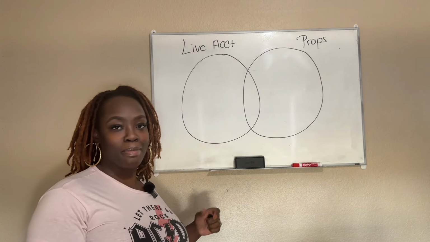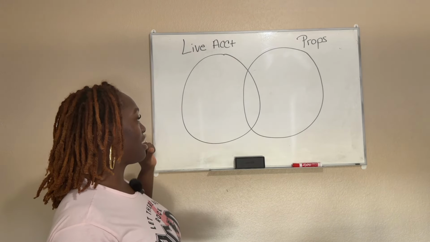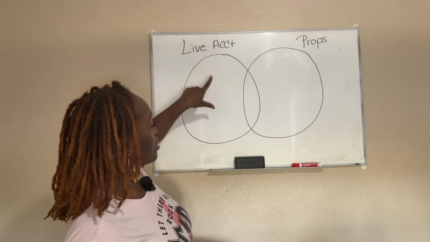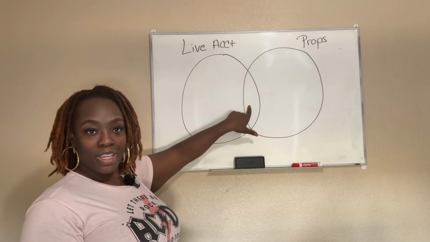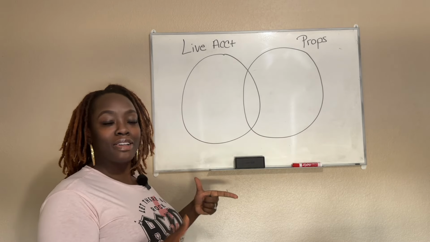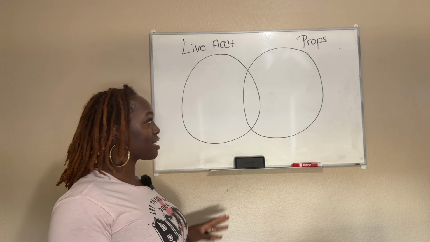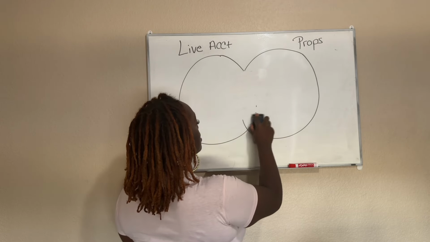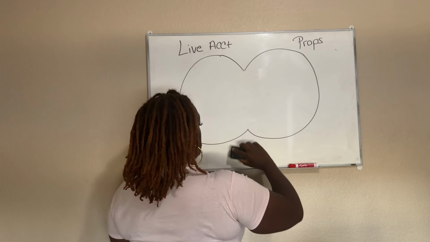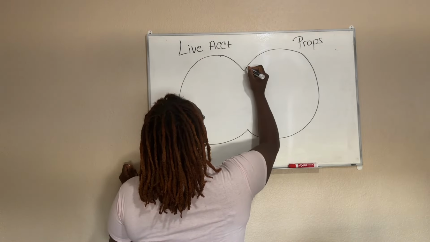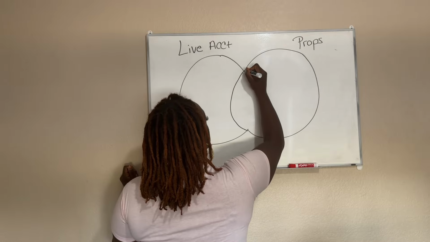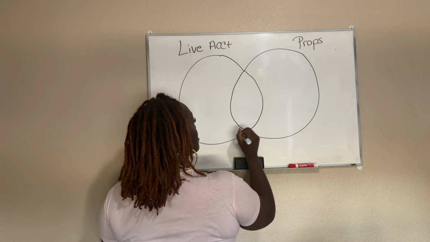I don't know if y'all used to make this in school, but this was my favorite thing to do. This helped me write all my papers, right? So you're gonna do the differences, and in between are how they're alike, the similarities, things like that.